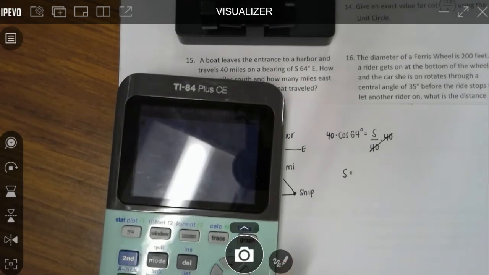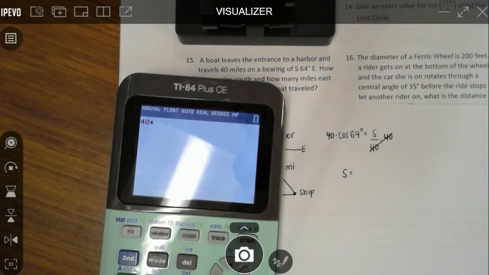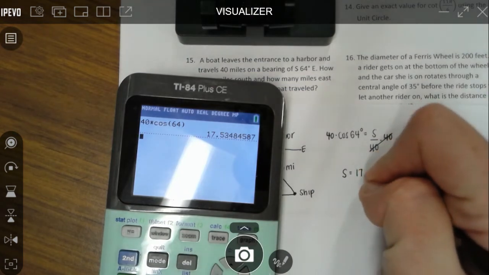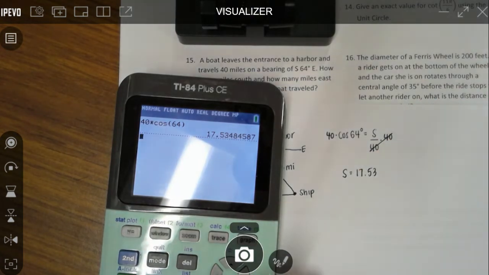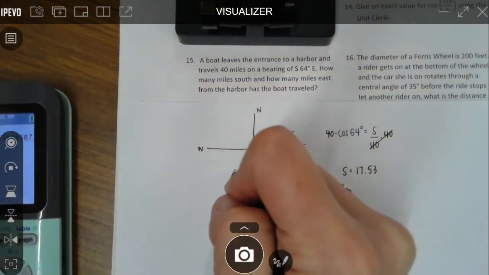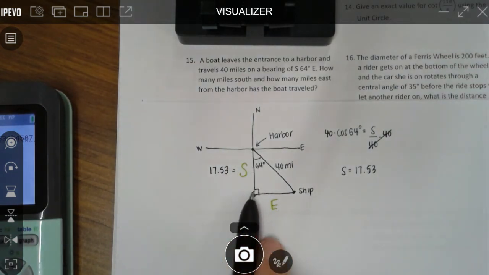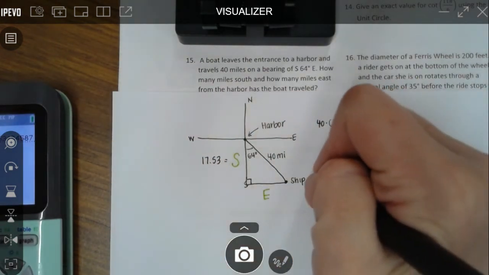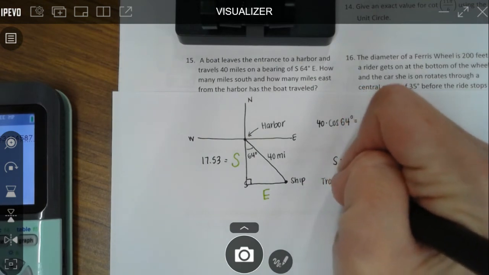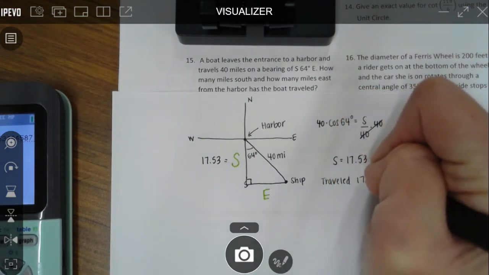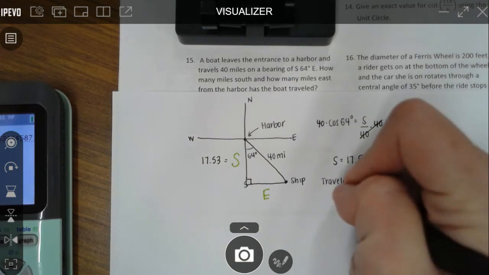And that's going to give me 40 times cosine of 64, about 17.53. So that means that my ship from the harbor has traveled about 17.53 miles south.